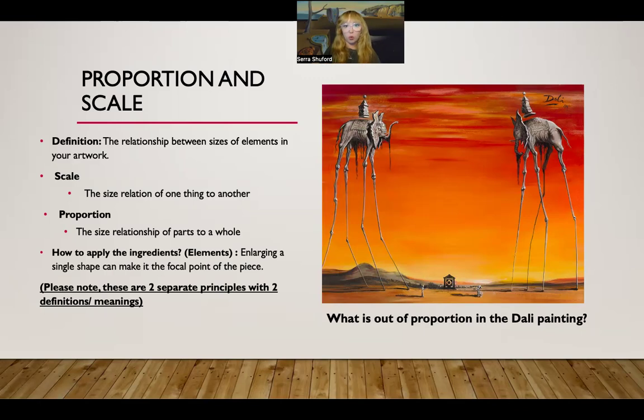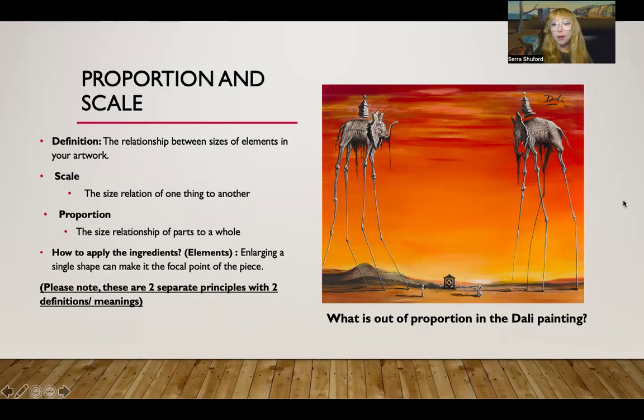So for scale to work, for you to say something is to scale or out of scale, you would need to have two things. Let's see, what do I have here with me at the beach? Let's say you have your Pringles can, and then you have the coffee cup.